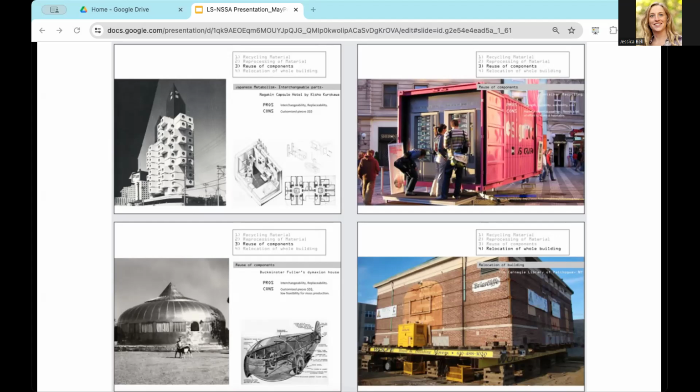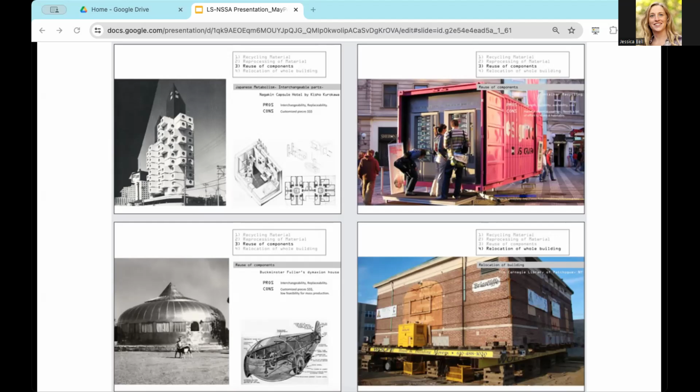However, if you think about it, they're actually not as sustainable as you think. The capsule hotel turned out to be a failure because of the idiosyncratic shape, but also because you can't find parts that are 50 years old, or no one is going to make the effort to come up with a customized part.